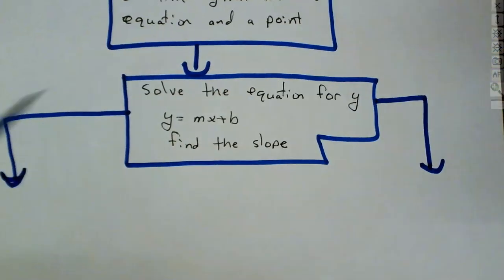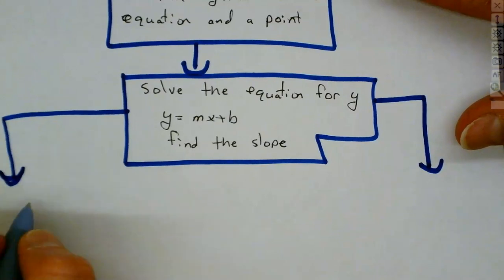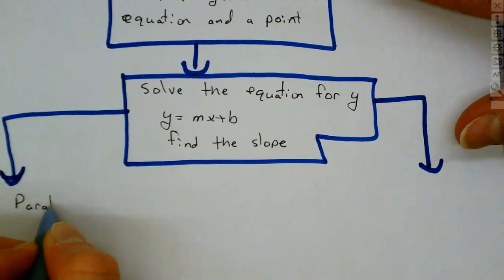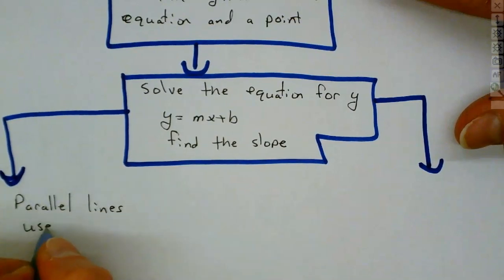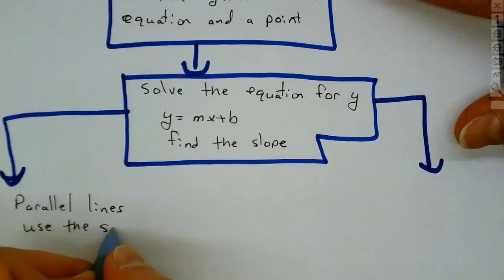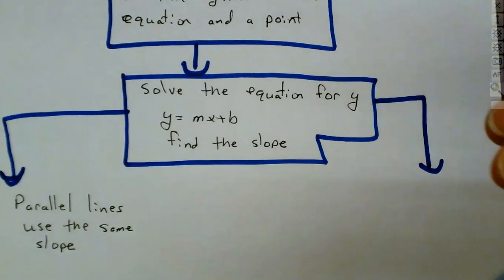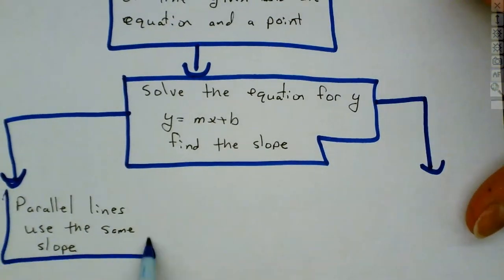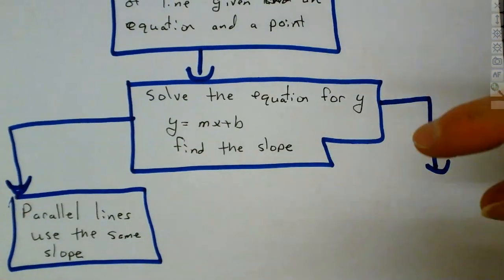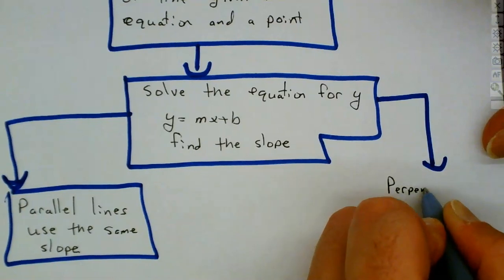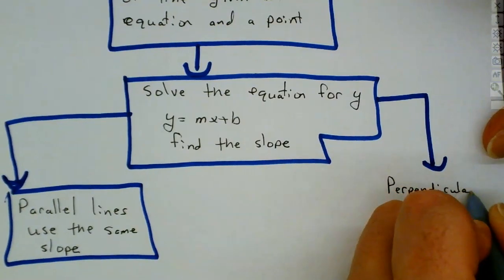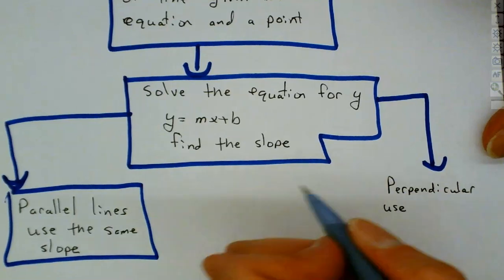So let's talk about parallel lines and let's talk about perpendicular lines. Well, parallel lines, you're going to use the same slope. Perpendicular lines, you use the negative reciprocal, or opposite reciprocal.